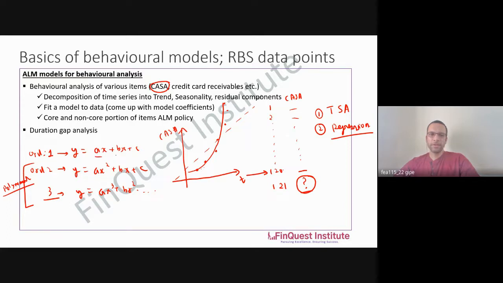So here, A, B, and C are what you call the model coefficients. It's the model coefficients which you try to optimize. So given a certain set of data, you try to tune the model to the data so that you have the best fit value for A, B, and C. That's what we call a model coefficient, something which we use in our calculation. So whenever you say you're fitting your model to the data, that basically implies that you're trying to understand the best fit value for A, B, and C. And of course, if you have more variables, more number of variables as well.